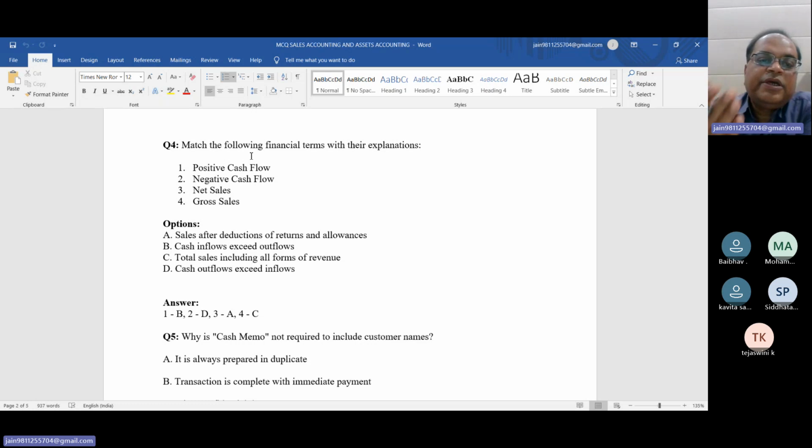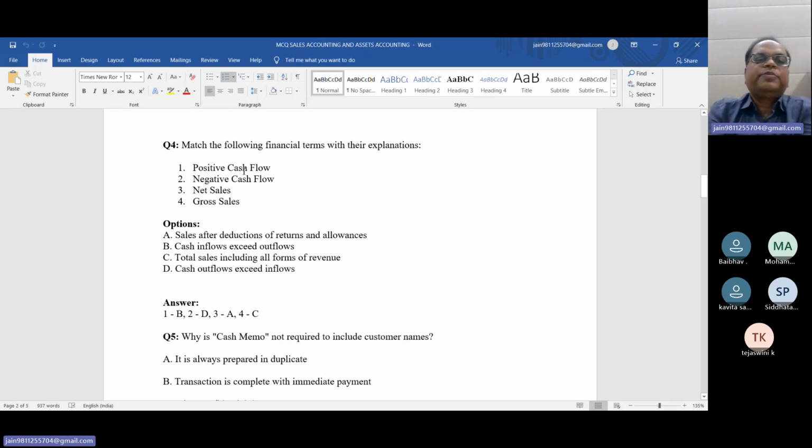Just the reverse is negative. Now gross sales and net sales. Total sales minus sales return is called net sales. And gross sales means the total sales including all forms of revenue.